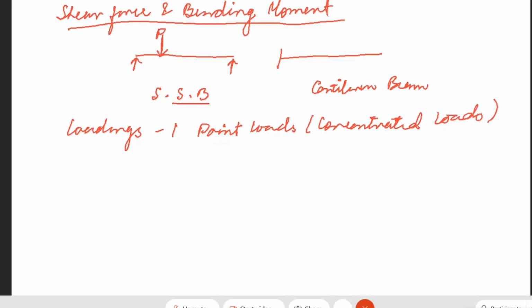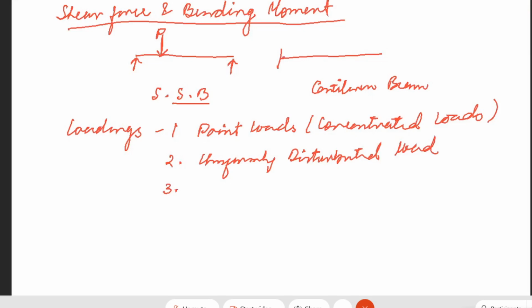And then we can have a uniformly distributed load, and we can have a uniformly varying load.